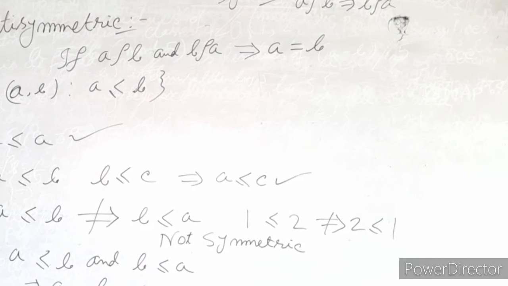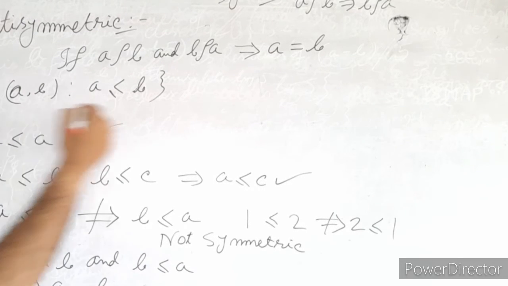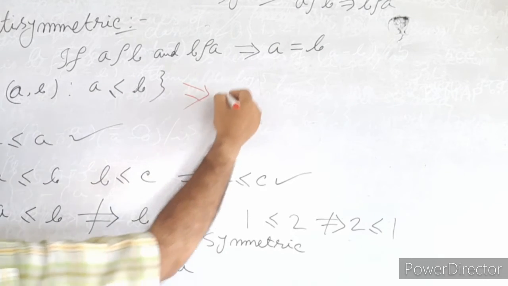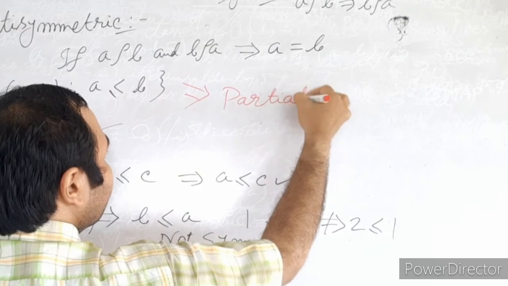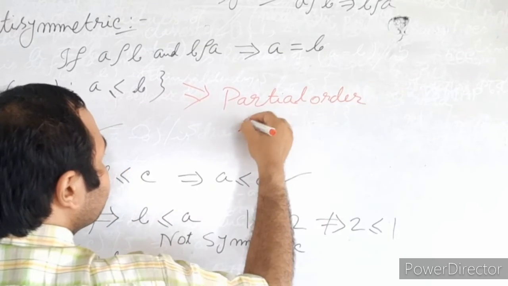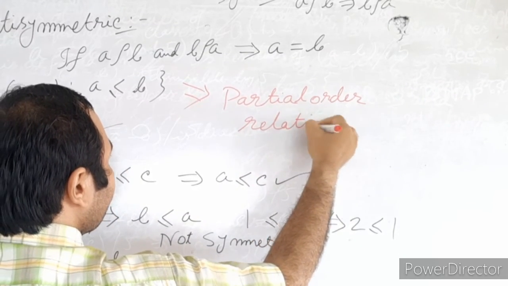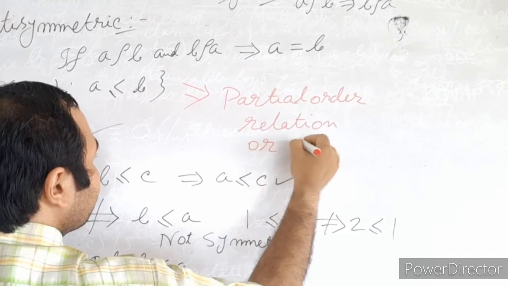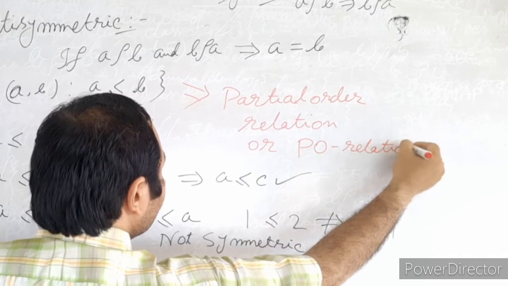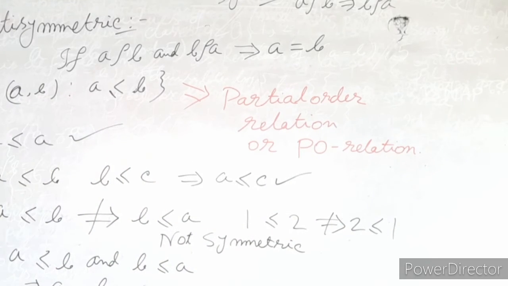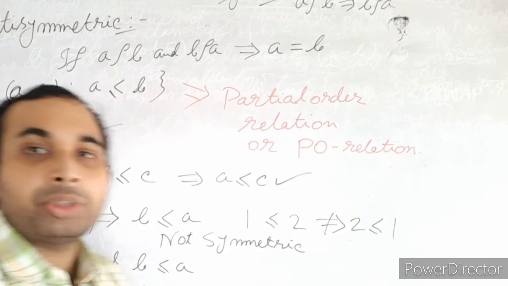Now when a relation supports reflexive, transitive and antisymmetric, then this relation is called a partial order relation. Regarding this, another concept is there.